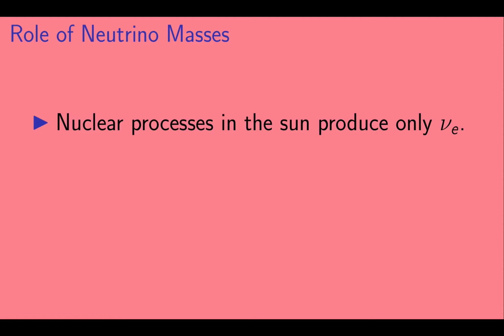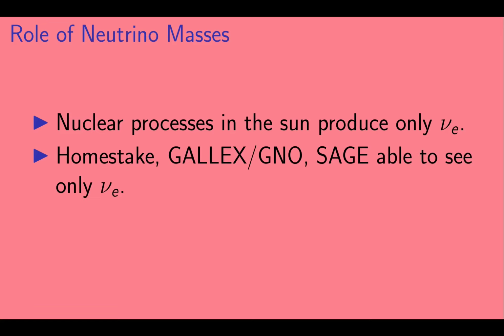So, to sum up, nuclear processes in the sun produce only nu-e, that's electron-flavored neutrinos, and Homestake, GALLEX/GNO, and SAGE were able to see only nu-e. So, what's the problem?